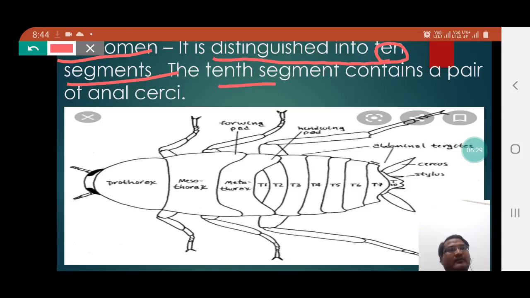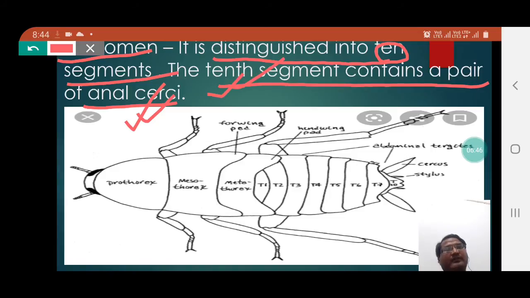The 10th segment contains a pair of anal cerci. Students, the identifying feature of the abdomen of the cockroach is that there is presence of anal cerci on the 10th segment.